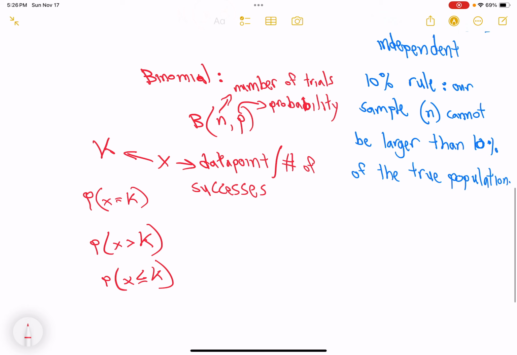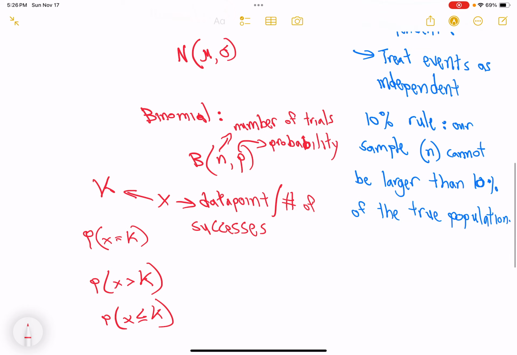We're going to go through these in the next set of video notes to get a feel for different versions of this notation. All this is saying is, what are the odds that a certain number of successes occur, or that more than a certain number of successes occur, or less than or equal to a certain number of successes occur? There are a bunch of different versions of this: less than or equal to, greater than or equal to, less than, greater than, etc. But x is just the number of successes that we have. That's how we notate that.